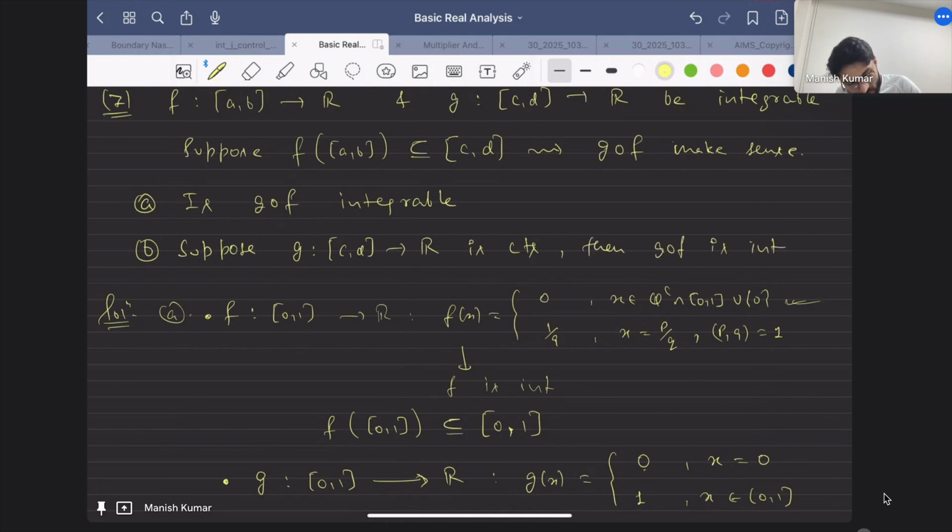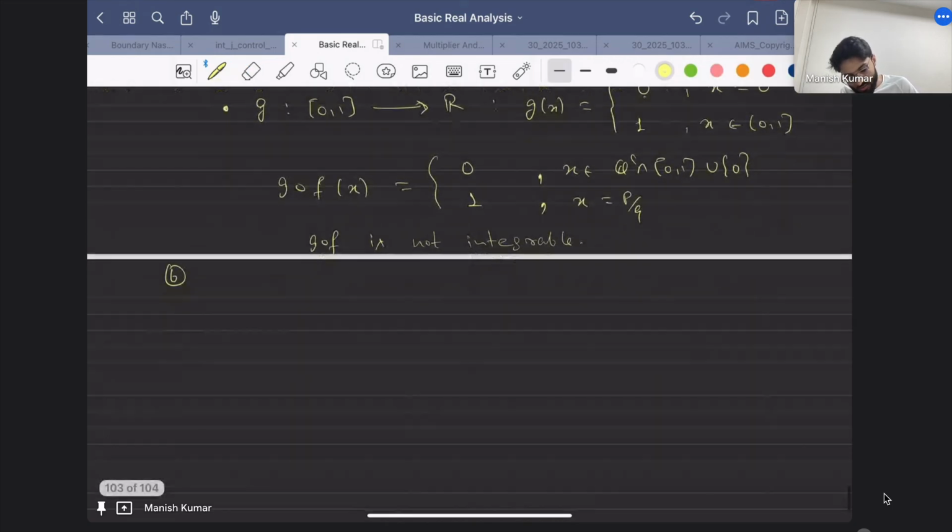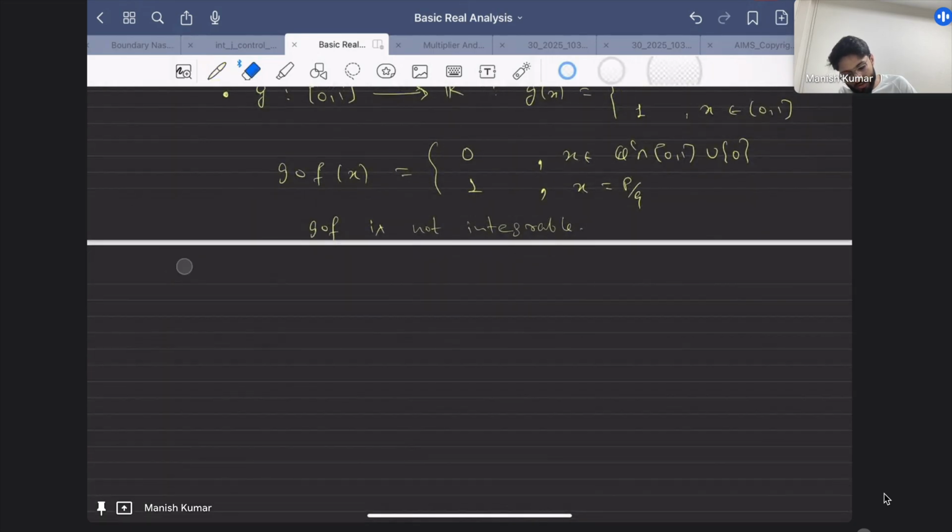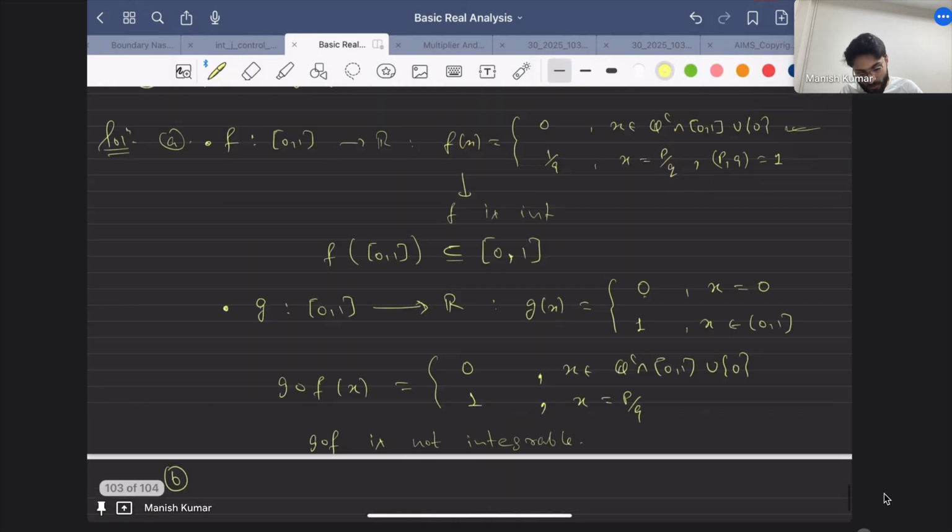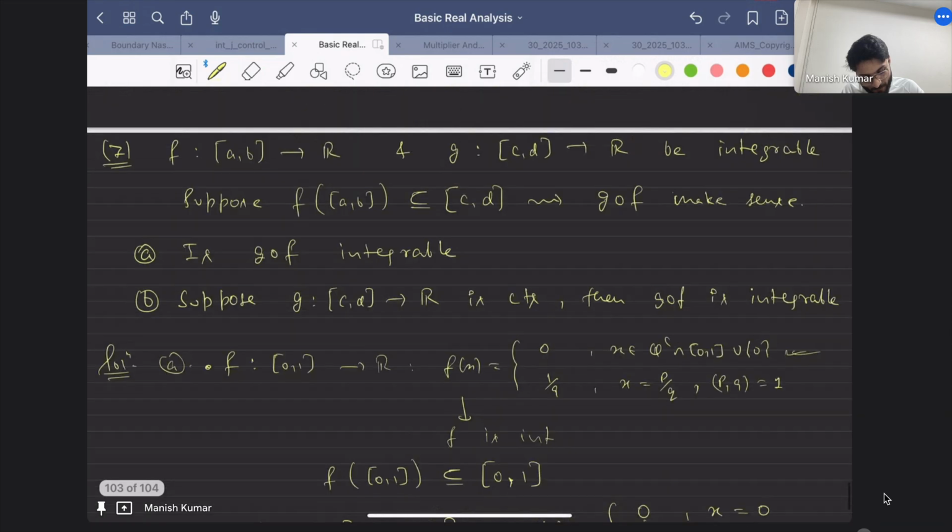We'll prove this first and then we'll go to that question. Clearly x to the 1 by 3 is a continuous function. Okay, we'll come to that later on. First, let's say g is continuous, then can I conclude g composed f is integrable?